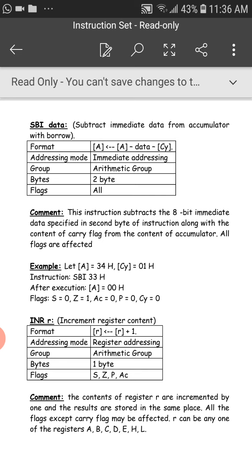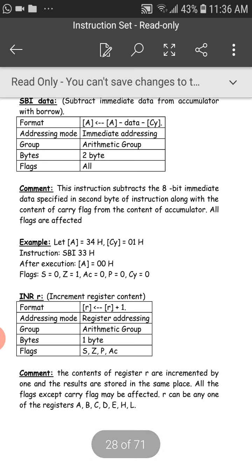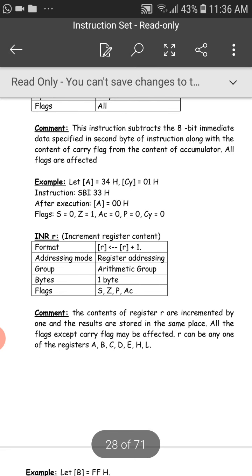So A is equal to 34H and carry is equal to 01 and the instruction is SBI 33H. After execution A is 00H and the flag values are affected according to the result.